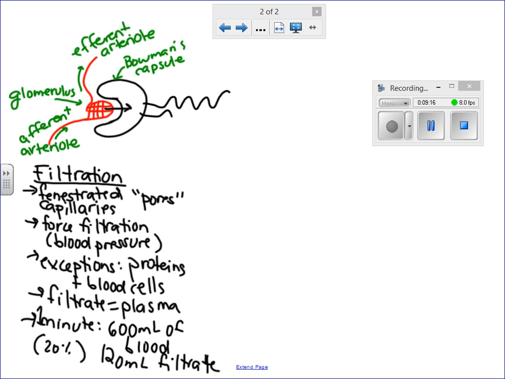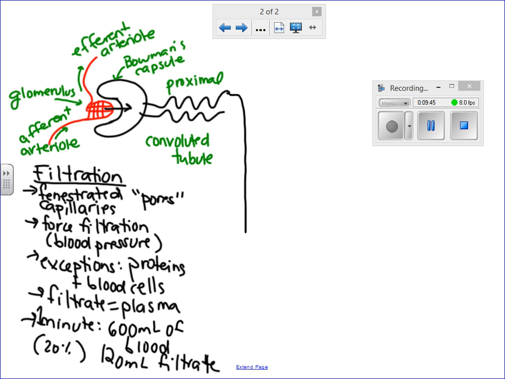The next piece of your nephron, I would draw more or less like this. I'm not being completely anatomically correct here. I'm making it so that it's easier to draw. This piece here is called the proximal convoluted tubule.